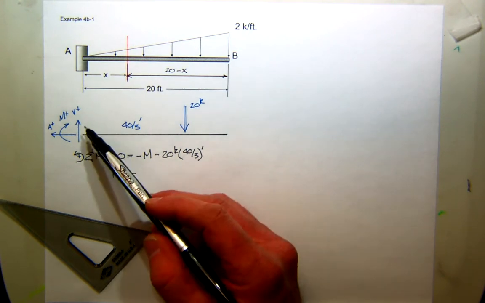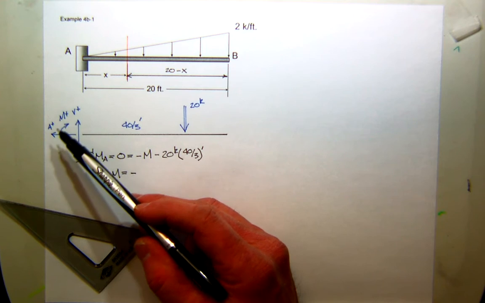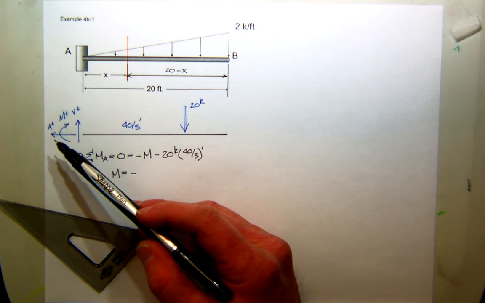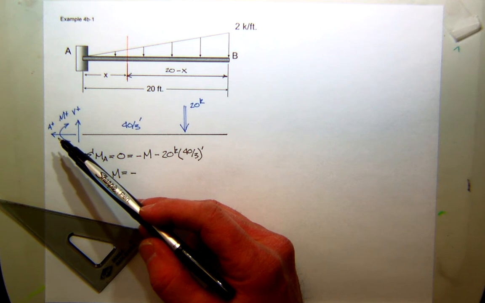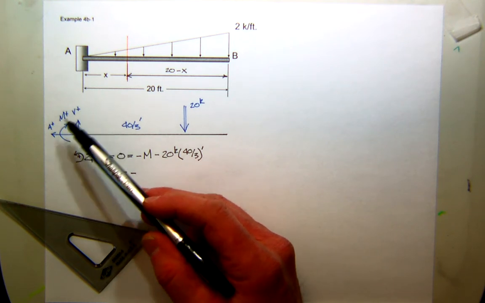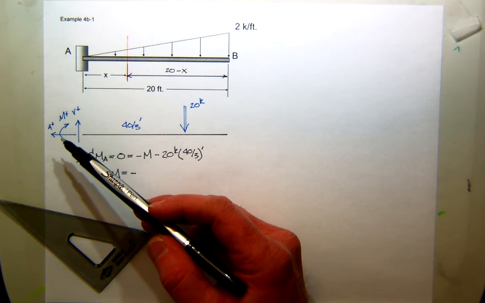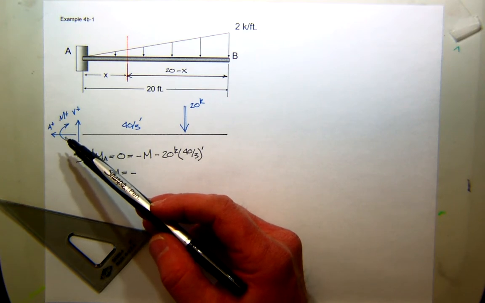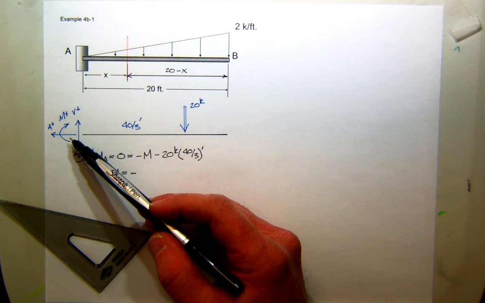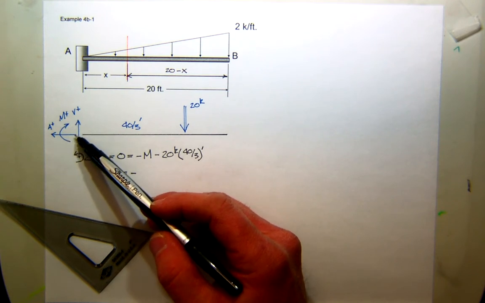I'm using the convention for shear force, bending moment, and axial force. And why not the external statics convention on that end? Because I'm going to end up writing an equation for shear force and bending moment. So if you just assume some moment and some force, you'd have to come back and figure out whether they're positive or negative shear force and bending moment anyway. So why not just assume them from the beginning?